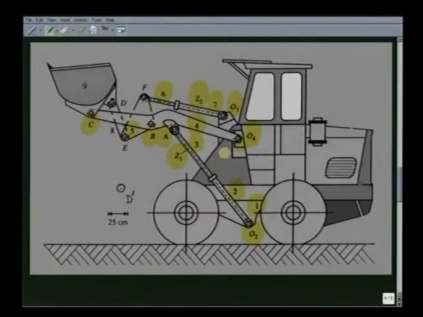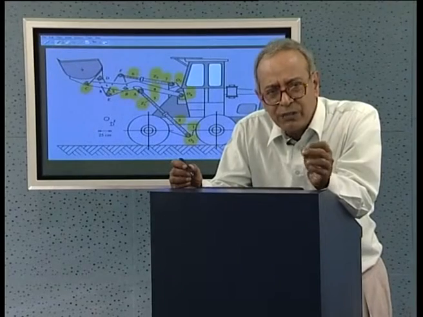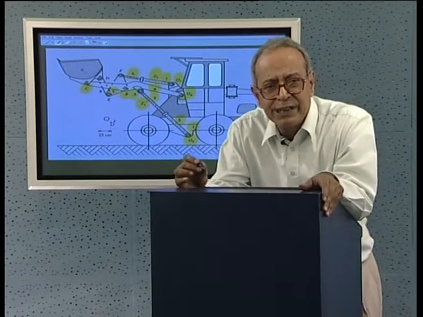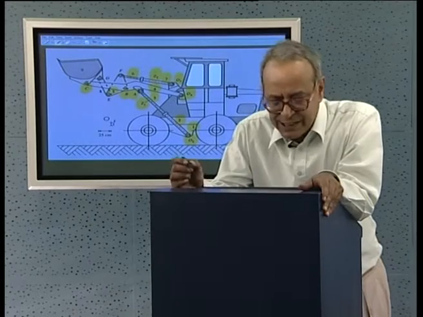So, in this mechanism, because we have a quaternary link, that is a very higher order link, I will show how to conveniently use the tracing paper as an overlay, as we discussed in the previous lecture.